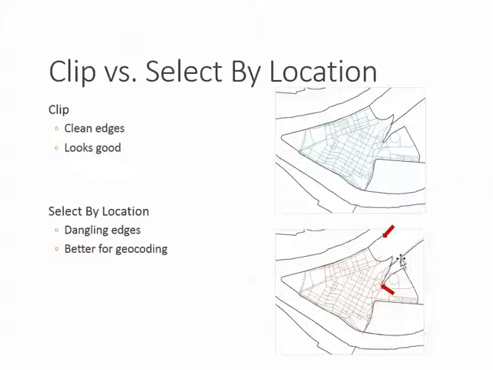That particular street segment would not have been clipped out if you used select by location. So I hope I'm getting my point across: when you're creating a layer based on whether that layer is within the boundary, just be very mindful of what it is that you're clipping or creating. Clipping may not be the tool that you want to use.